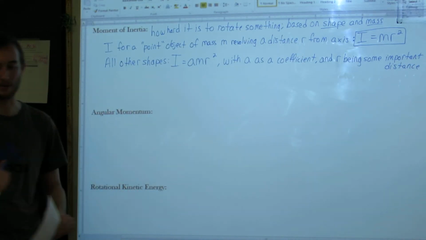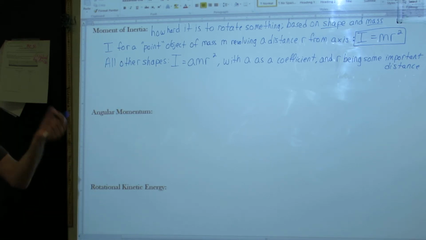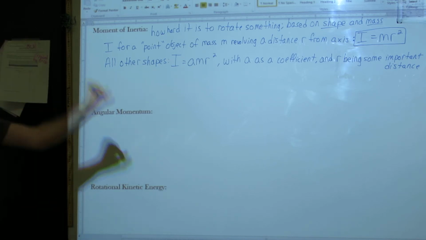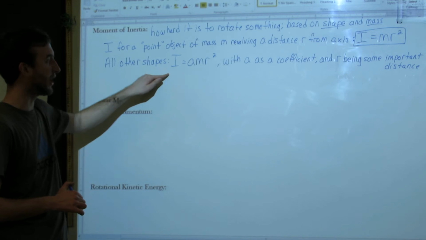So for any other shape, let's say you have a cylinder that's rotating, or a sphere that's rotating on an axis through the sphere, or literally anything, a hollow cylinder, a solid cylinder, a hollow ball, a hollow disc, a hollow tube, a hollow hoop, okay? Any other moment of inertia equation will have this general formula.